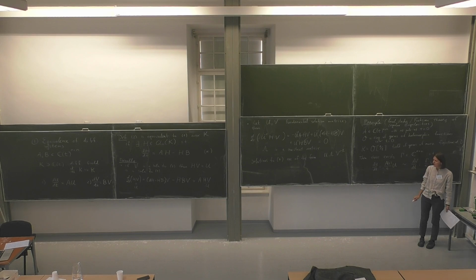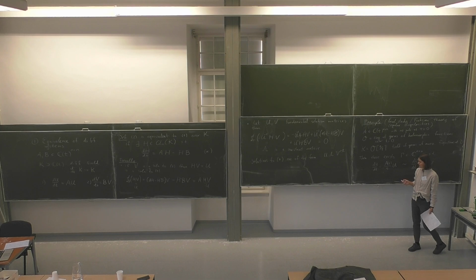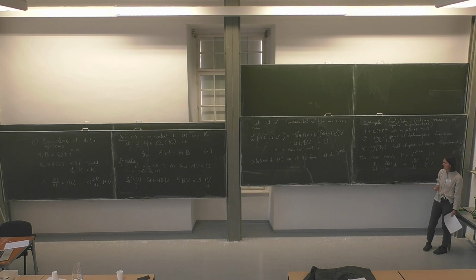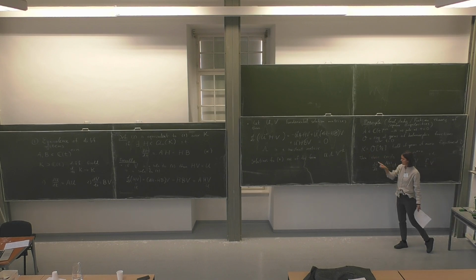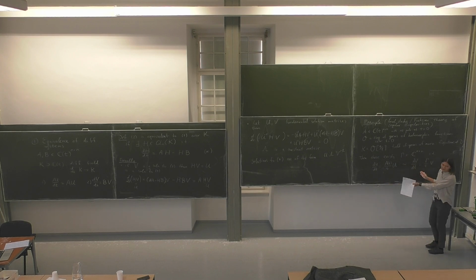And there is a theorem saying that the three conditions are equivalent. First, that all solutions have moderate growth at t equals 0. Secondly, our system is equivalent over K to a system of this form. And thirdly, that it's equivalent over K to a system of this form with a constant matrix gamma.